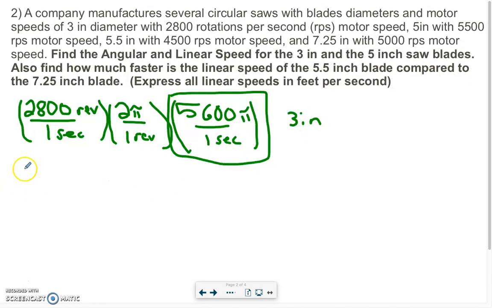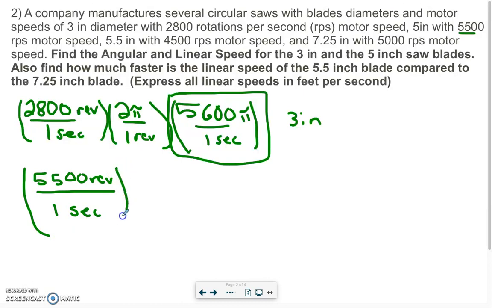Now we do the same thing for the 5-inch one. The 5-inch blade has a revolution speed of 5,500, so 5,500 revolutions in 1 second. To find the angular speed, you multiply that by 2 pi in 1 revolution.